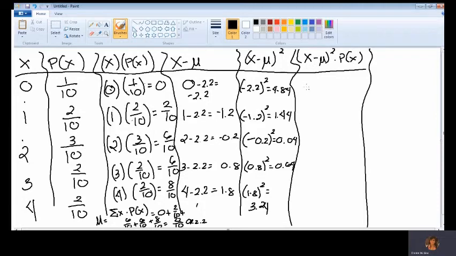Okay, then step number 4. Let's multiply the results obtained in step number 3 by the corresponding probability.